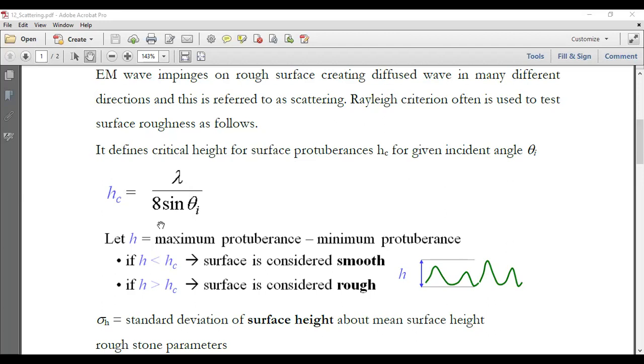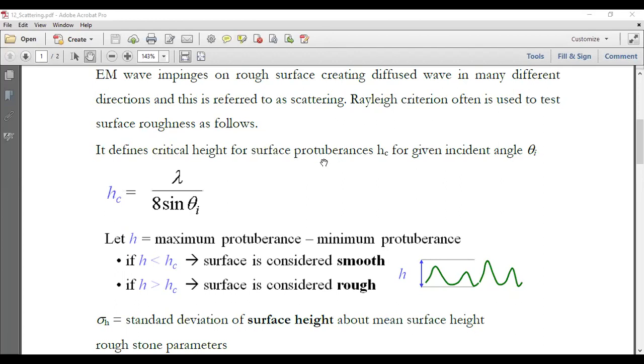You have lambda divided by 8 sine theta I, where theta I is the incident angle. Like before, we consider the incident angle as the angle between the incident wave and the horizontal line, I mean, the surface of the object. Not the angle between the ray of incidence and the line vertical, or normal, to the surface.